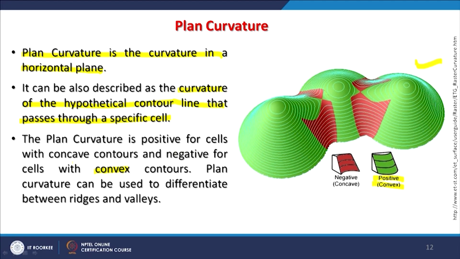Plan curvature is positive for cells with concave contours and negative for cells with convex contours. The plan curvature can be used to differentiate between ridges and valleys.